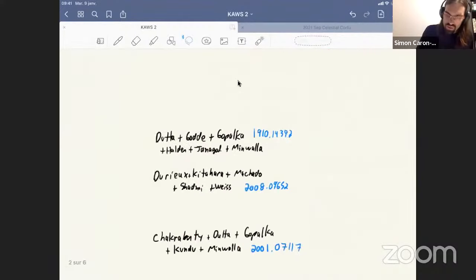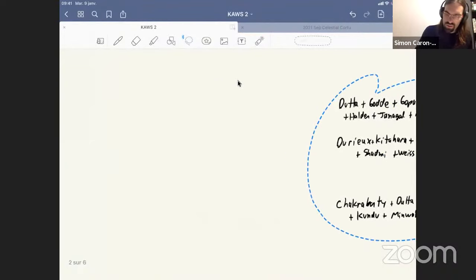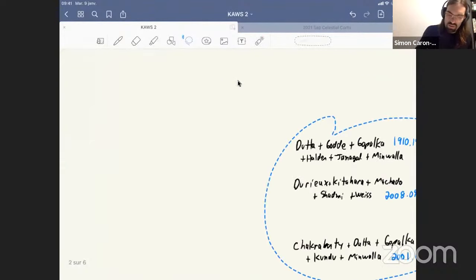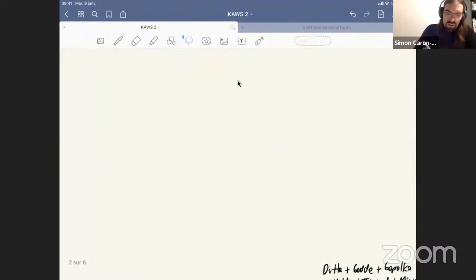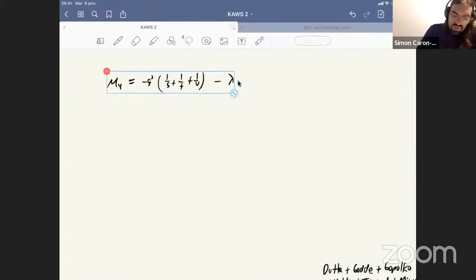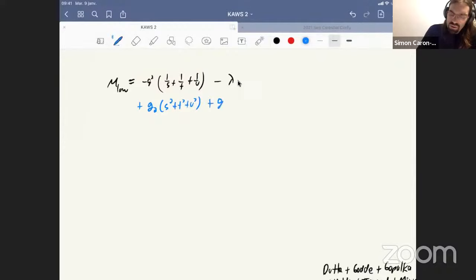The things we're going to be constraining are low energy amplitudes that have this form, plus G2, we call it G sub 2 because it has 2 powers of Mandelstams, s squared plus t squared plus u squared, plus G3 stu, plus G4.